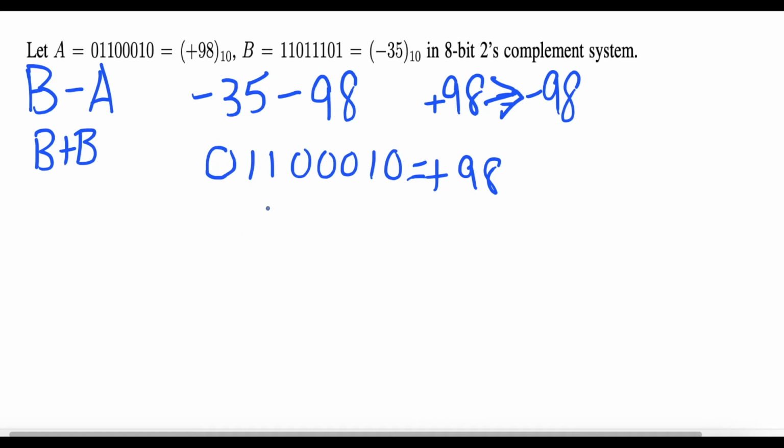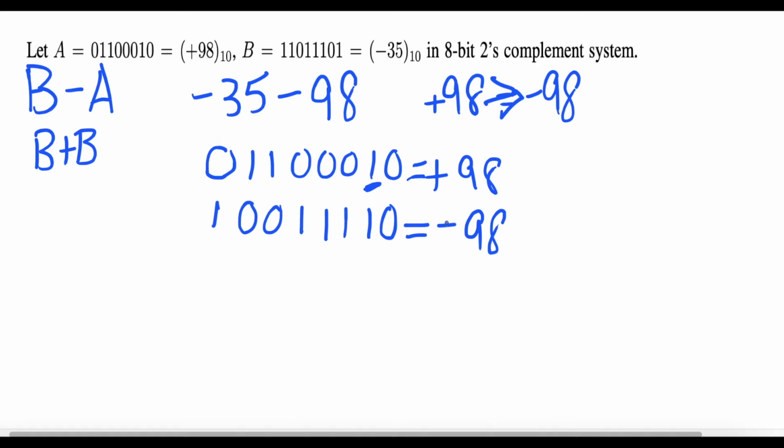So if we go to negative 98, we're going to go 0, 1, 1 becomes 0, 1 becomes 0, 0 becomes 1, 1, 1. Because this is the last 1 and there's a 0 behind it, we keep that the same. So everything from the last 1 onwards, we keep the same. So now we can say that this is equal to negative 98.